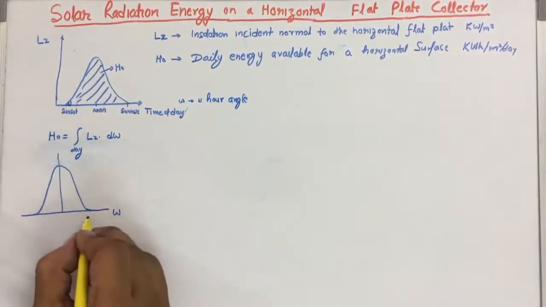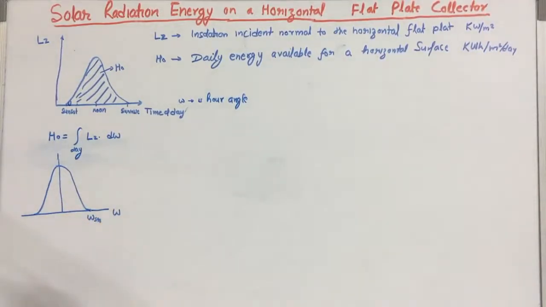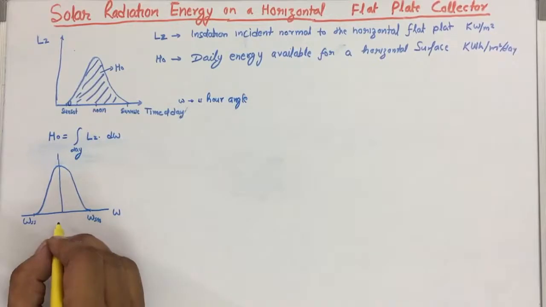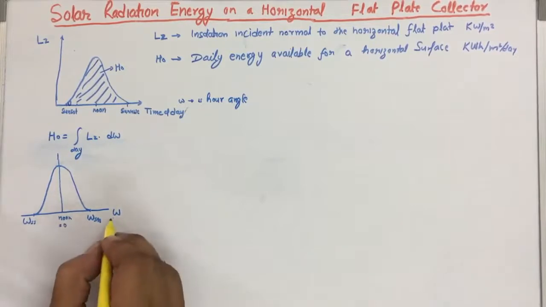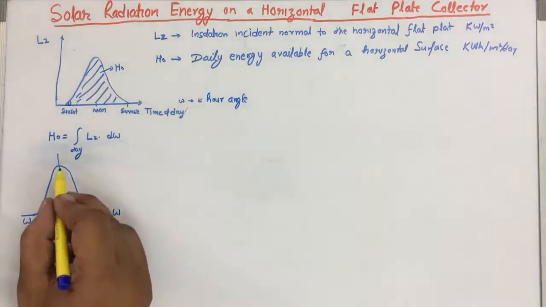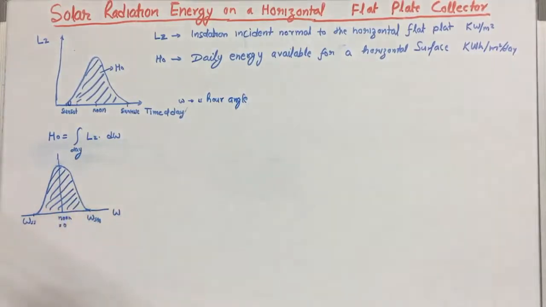This is sunrise, this is sunset, and this is noon. It is considered as omega equal to 0. Omega at this point is considered as omega SR, and omega at this point is omega SS. So the total energy of this region will be H naught.